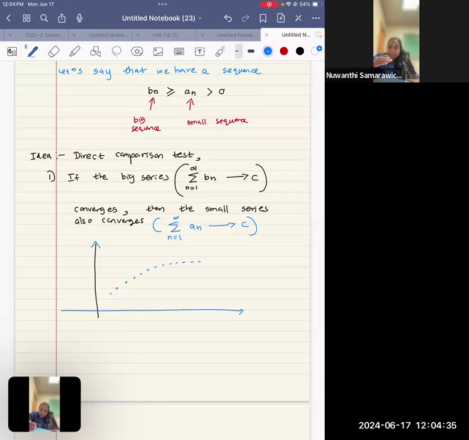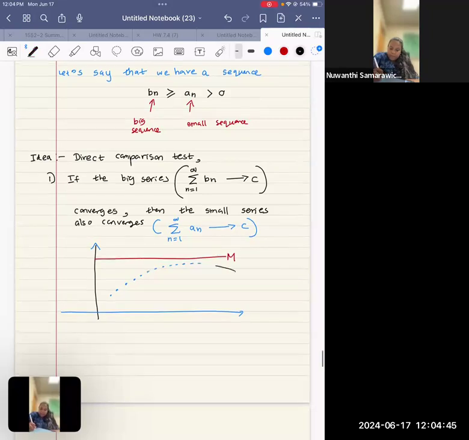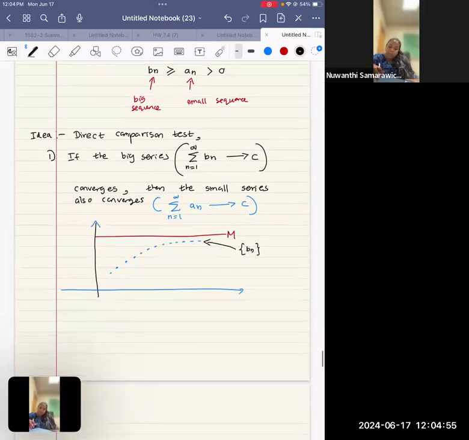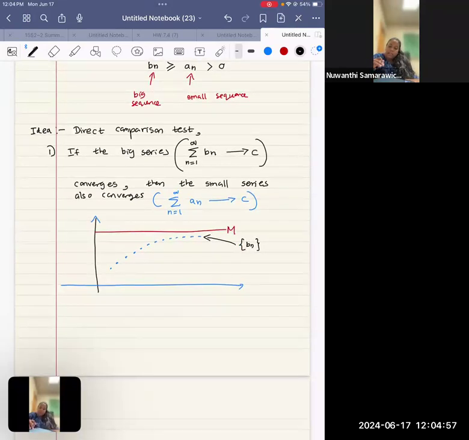Converges means it approaches a horizontal asymptote, right? So let's say this is M. This is a big sequence.